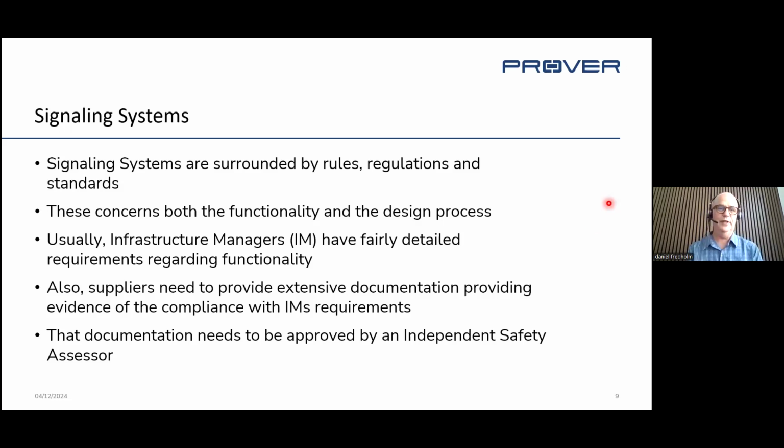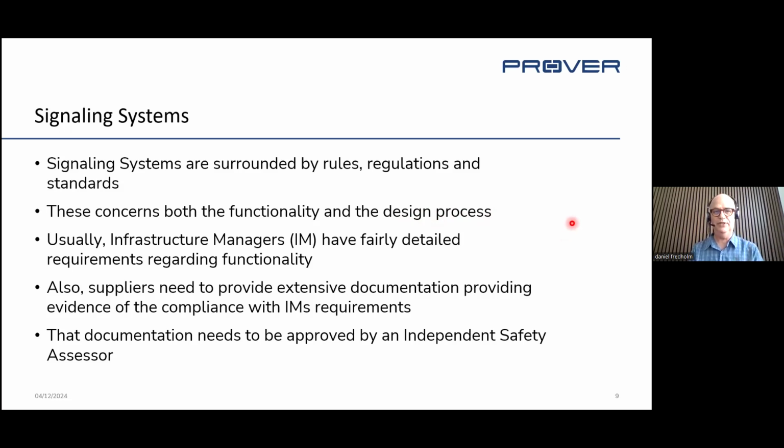And those rules and regulations and standards concern both the actual functionality of the signaling systems, these things with routes and stuff, for instance. That's usually mentioned as a part of these regulations. But they also concern the design process of signaling systems.